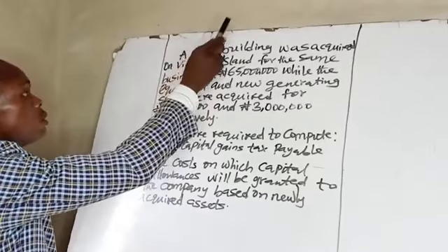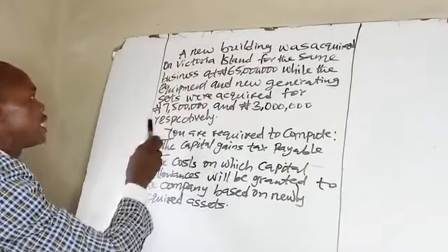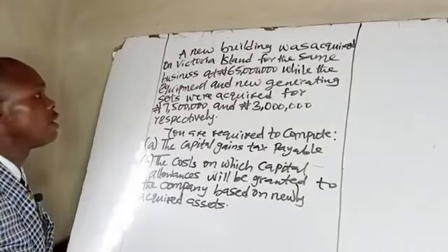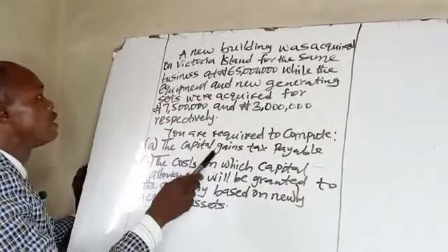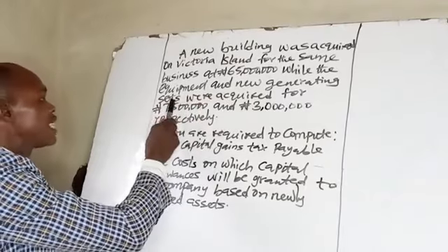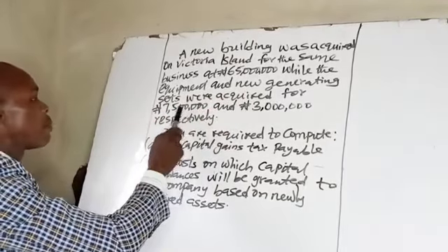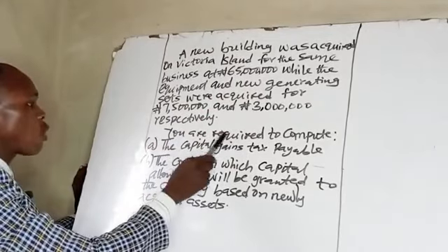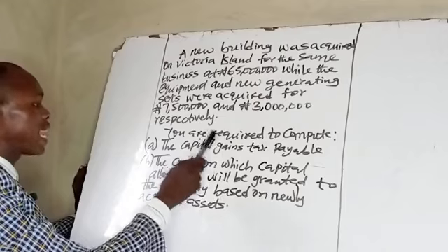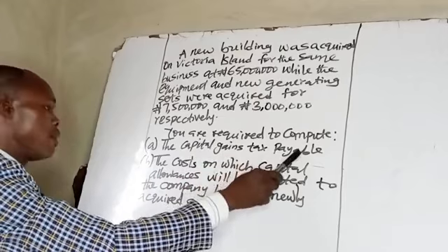The new building was acquired on Victoria Island for the same business at 65 million naira, while the equipment and new generating sets were acquired for 7.5 million naira and 3 million naira respectively. You are required to compute the capital gains tax payable.